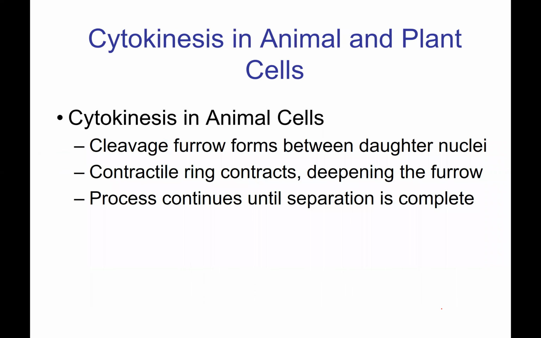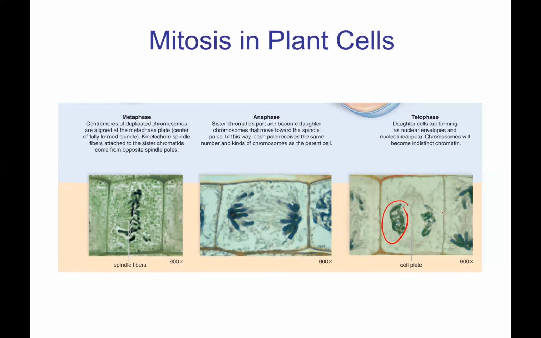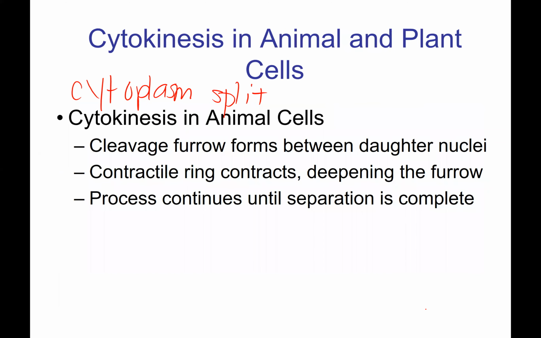What is different, however, is the last step of cell division, which is called cytokinesis. Cytokinesis literally means cytoplasm split. So we're splitting our cytoplasm. We went from having these 2 nuclei, now we're going to have 2 cells.